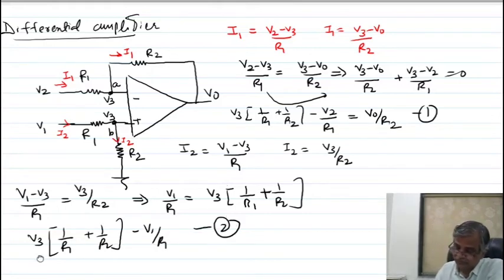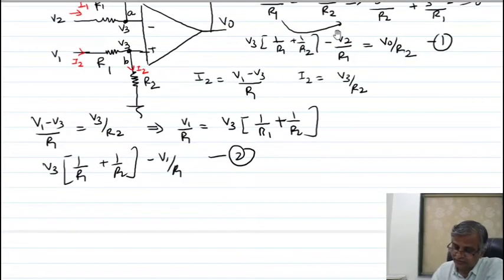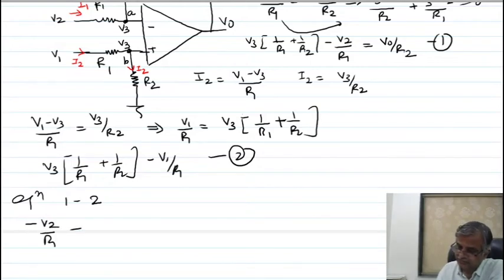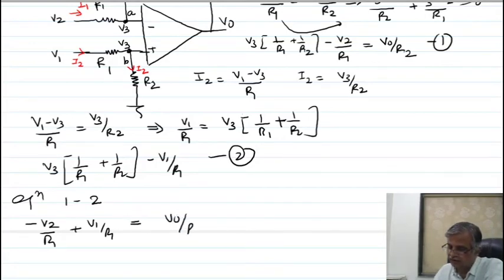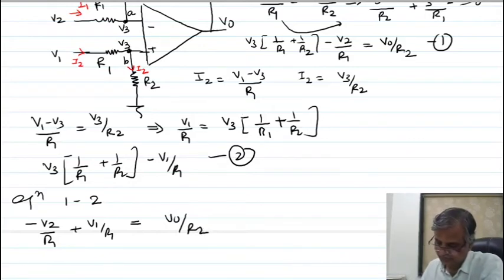Now this is equation 1 and this is equation 2, so I am doing equation 1 minus equation 2. So minus V2 by R1 plus V1 by R1 is equal to VO by R2. Very simple. Equation 1 minus equation 2: this equation minus this.